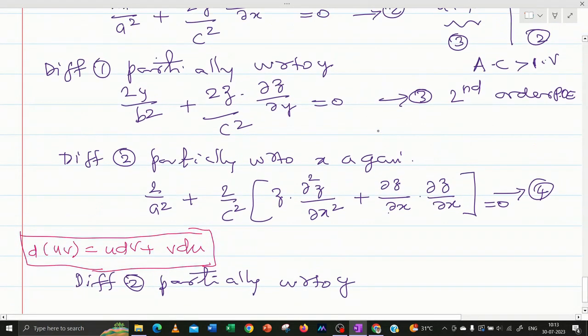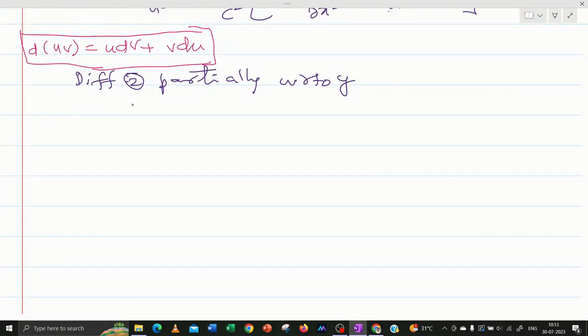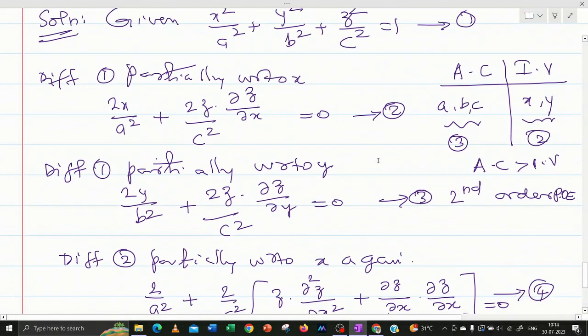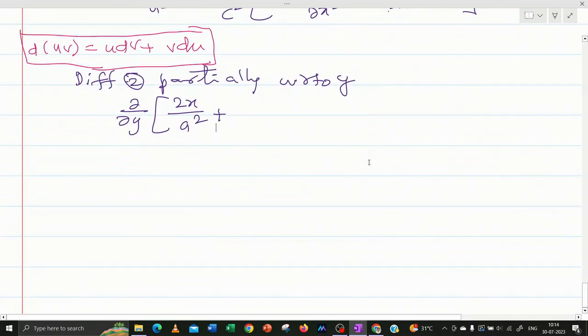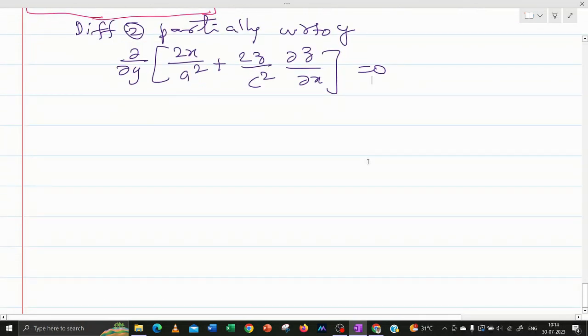So what is equation number 2 here? 2 is 2x by a square plus 2z by c square dou z by dou x equal to 0. Differentiating 2 partially with respect to y, dou by dou y of 2x by a square is 0, plus 2 by c square is constant.